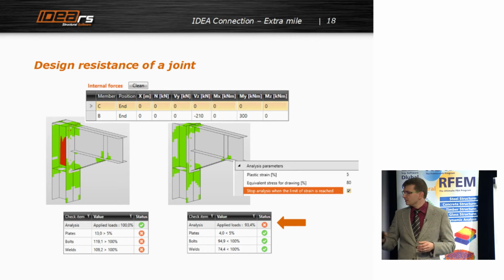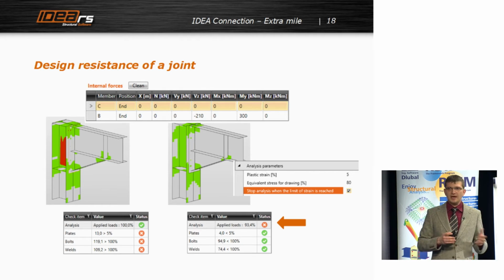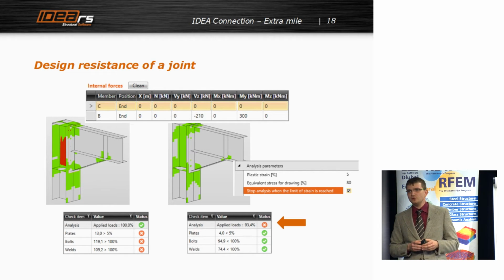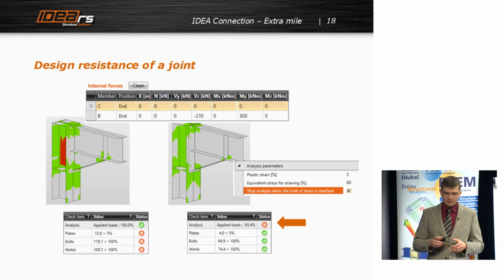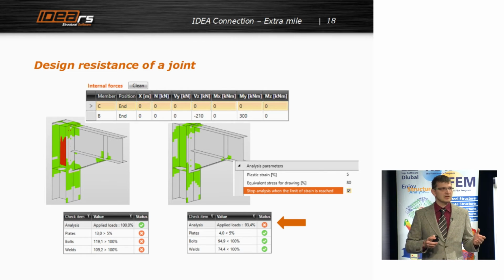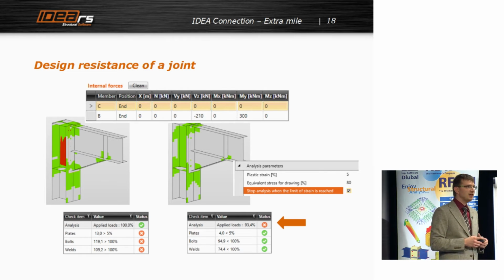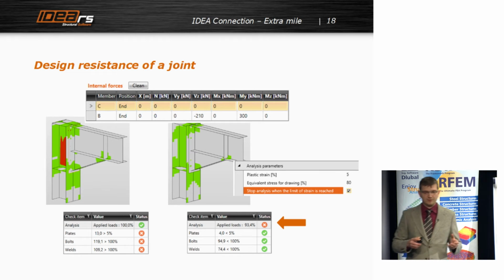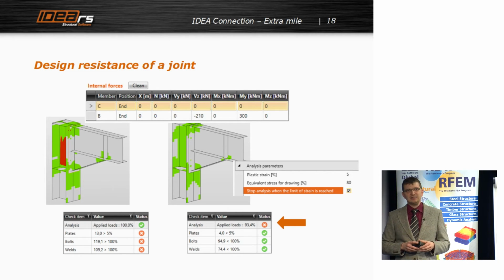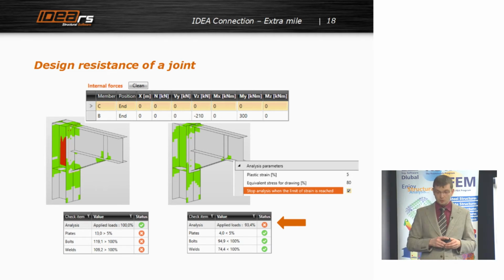In some cases, for example, you can find that it can take only 80% of the load which you would like to apply, because after that the checks are not okay, for example, due to high plastification of the plate, or the unsatisfied checks in the bolts.